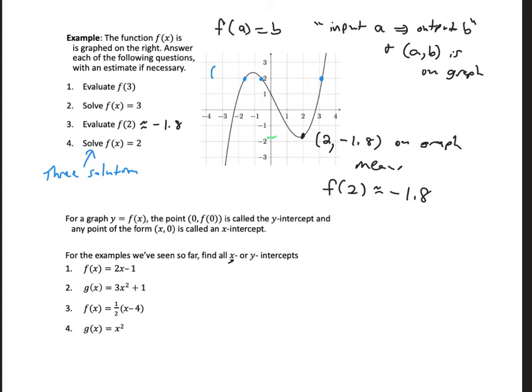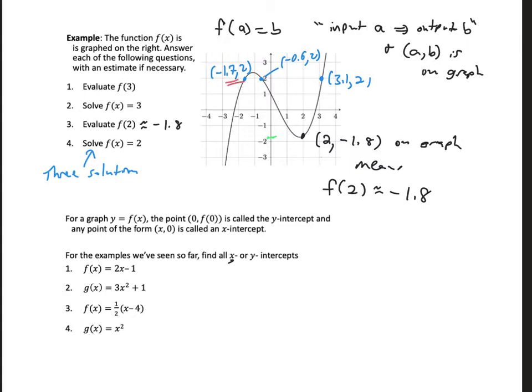I'll say this first point is (negative 1.7, 2). Again, I'm just eyeballing that first coordinate. The second point is (negative 0.6, 2), and this last point is (3.1, 2).